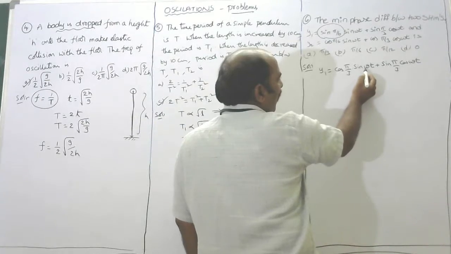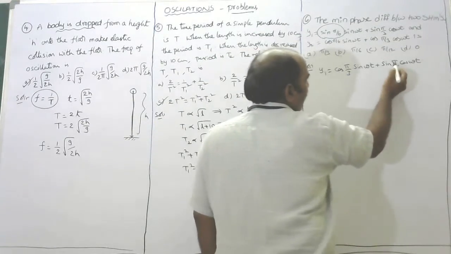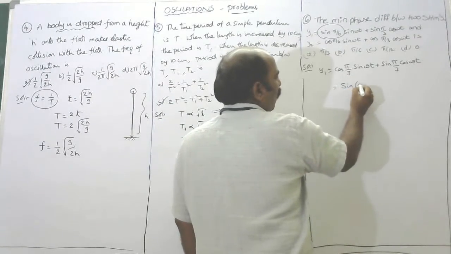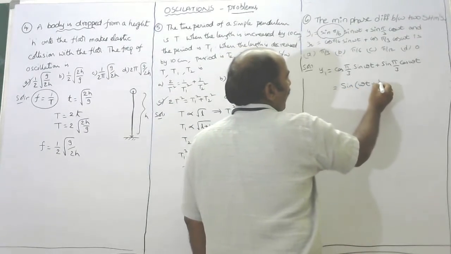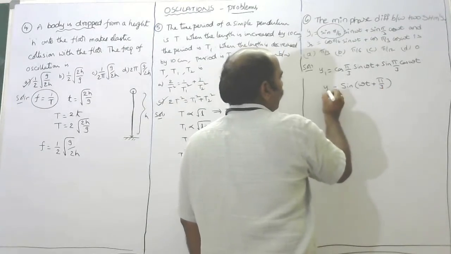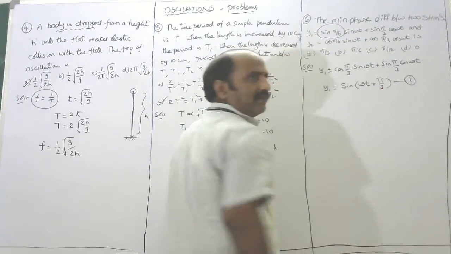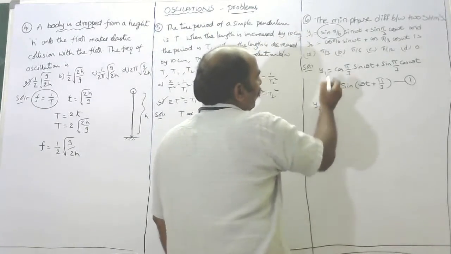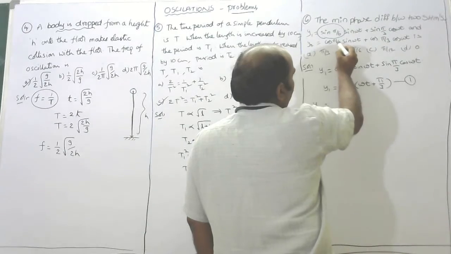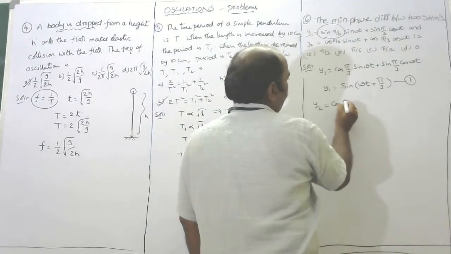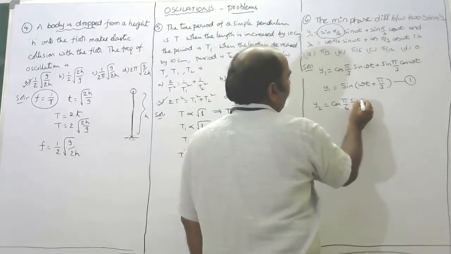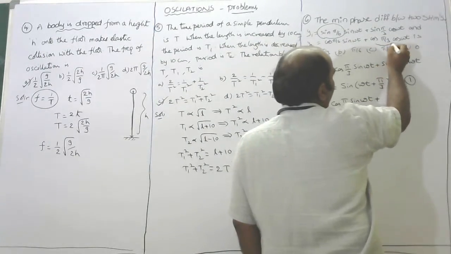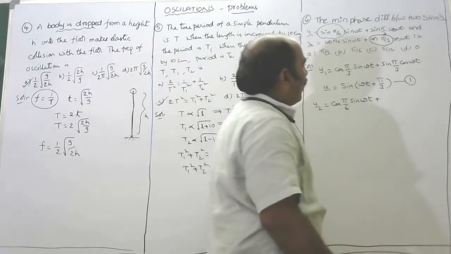Now this is in the form of sin A cos B plus cos A sin B. That's why you write sin of A plus B, sin of omega t plus pi by 3. This is y1, say first equation, this one. Similarly, in y2, we write cos pi by 6 into sin omega t plus here cos pi by 3 term is written in terms of sin.